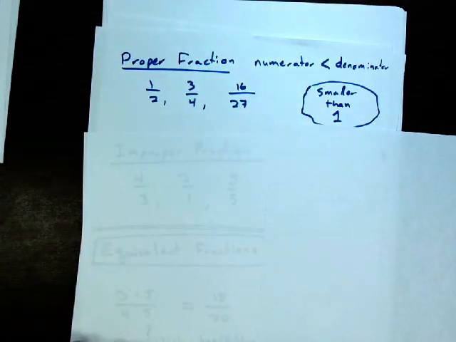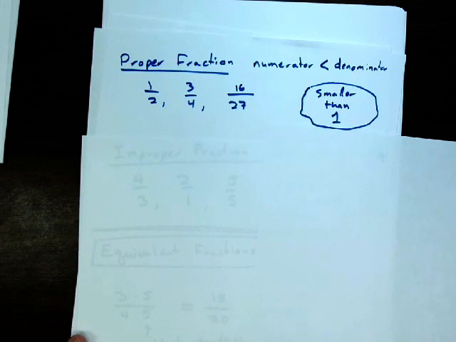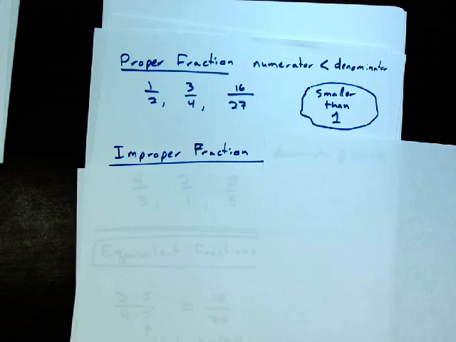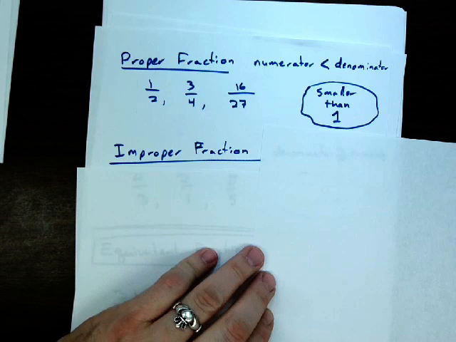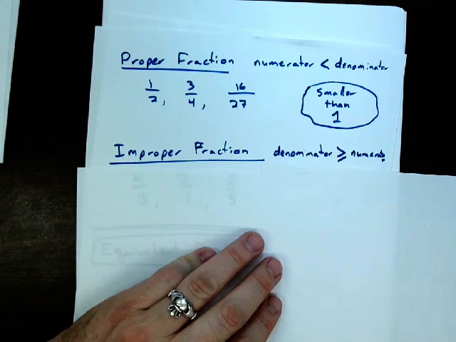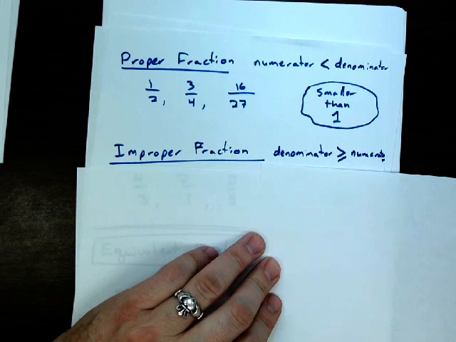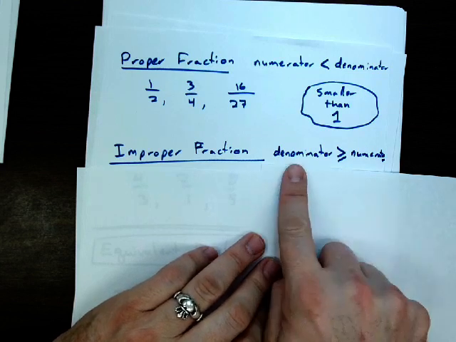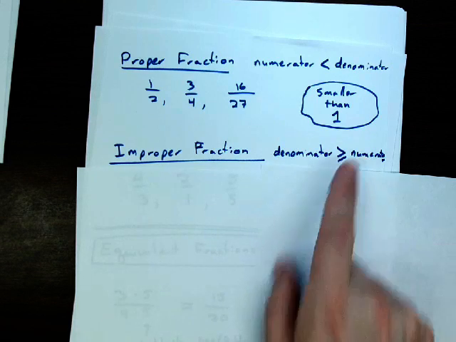Well, with a name like proper fraction, I hope it leads you to ask, is there something that's not proper? Well, yes. There are improper fractions. An improper fraction is where your numerator is either bigger or the same size as your denominator.